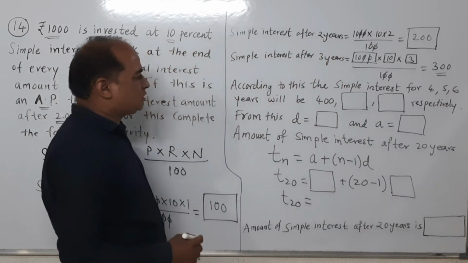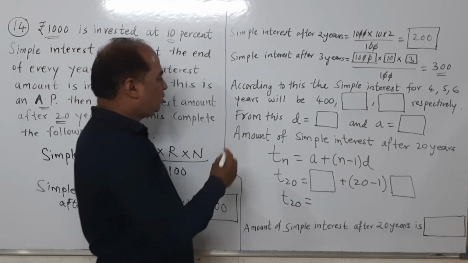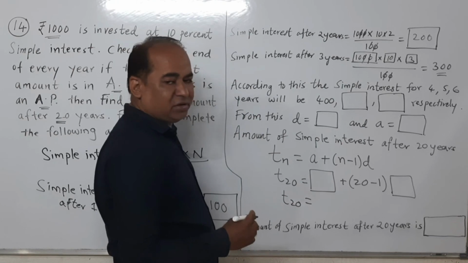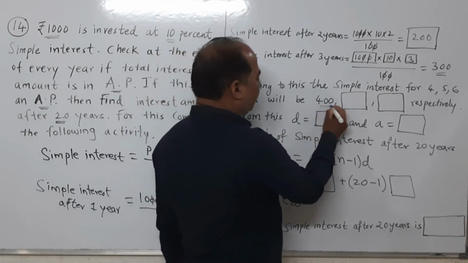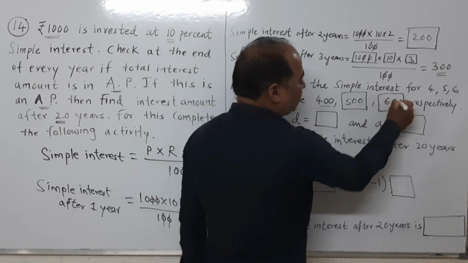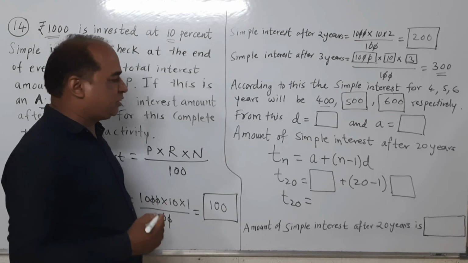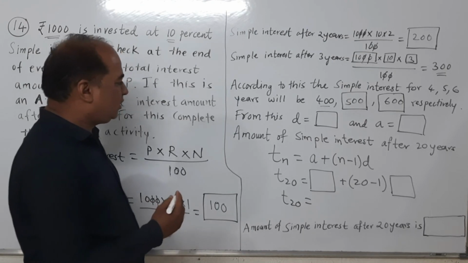Now according to this, the simple interest for 4, 5, 6 years will be, that is for 4 years 400, for 5 years 500, and for 6 years it will be 600 respectively. 100 rupees will get increased every year.